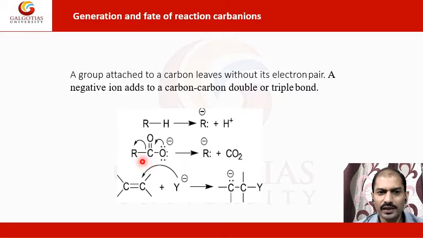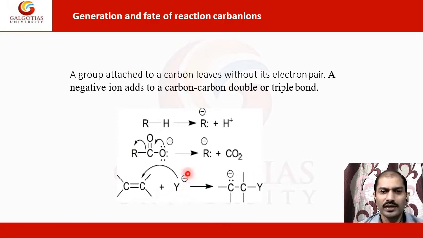Now you can see here, from this group, this can also be RCO. Here this R is being replaced, taking the electron due to the electron density moving in this direction because of the highly electronegative atoms. So this is also making a carbanion. So there are a number of methods by which these carbanions can be generated.